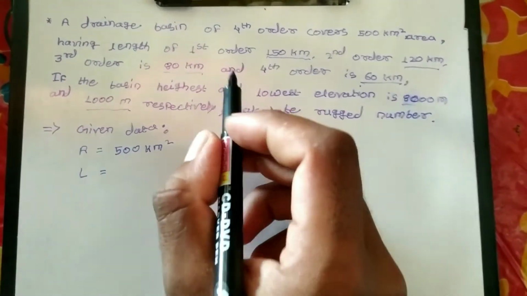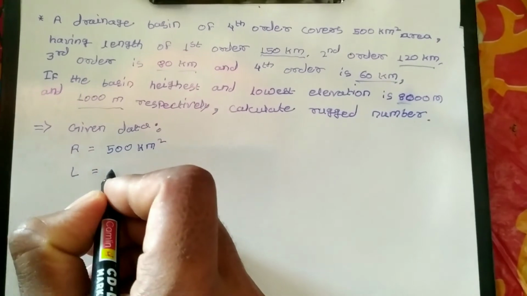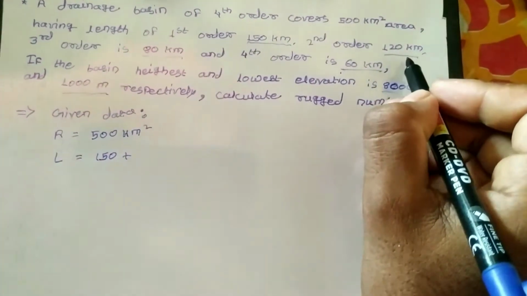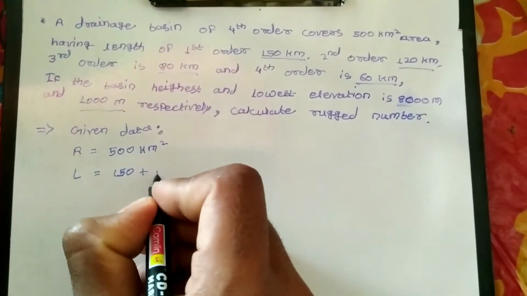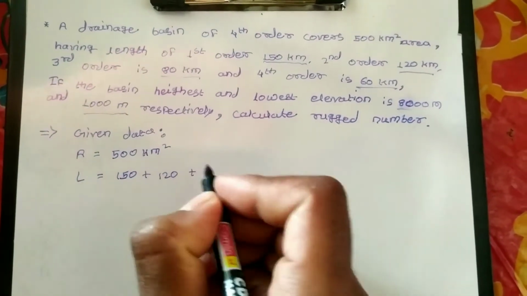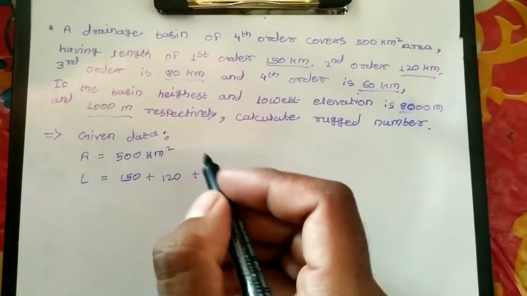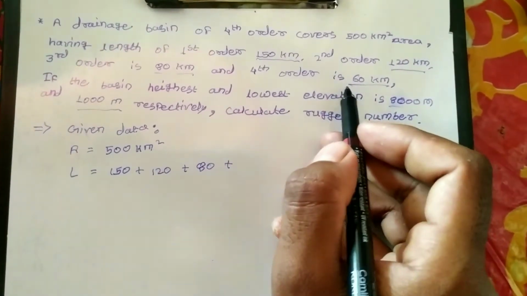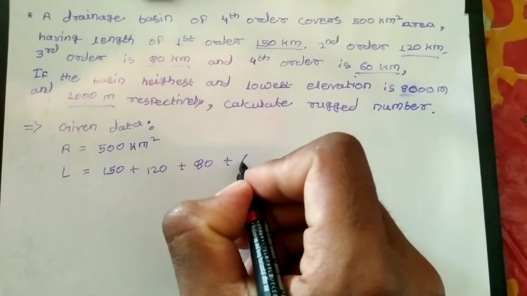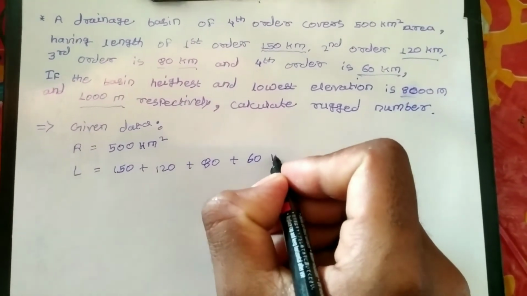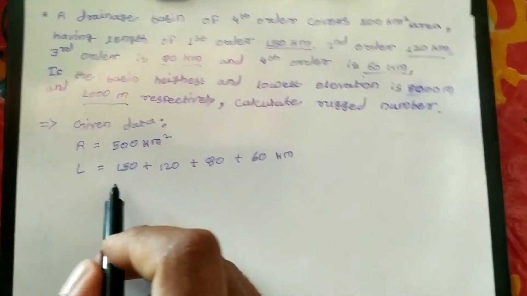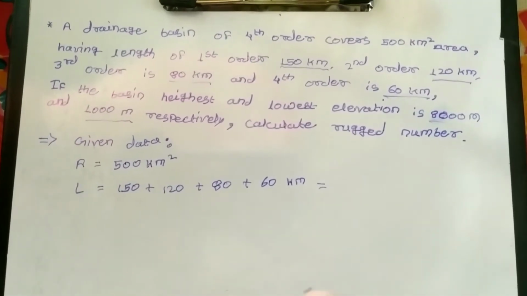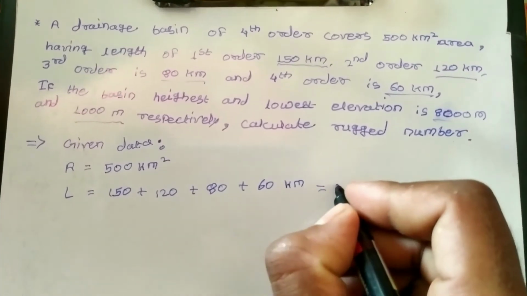Length equals first order 150 kilometer, plus second order 120 kilometer, plus third order 80 kilometer, plus fourth order length 60 kilometer. If we add this, we get 410 kilometer.